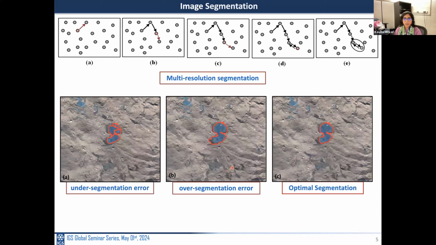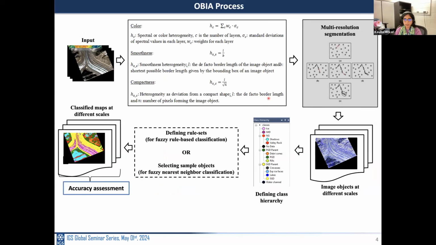So coming to the image segmentation, that is multi-resolution segmentation. It is based on a mutually best fitting approach, meaning that first it starts with one pixel, and this one pixel looks for a best neighbor depending on the homogeneity criteria that we define in this particular step, that is the user-defined parameters.